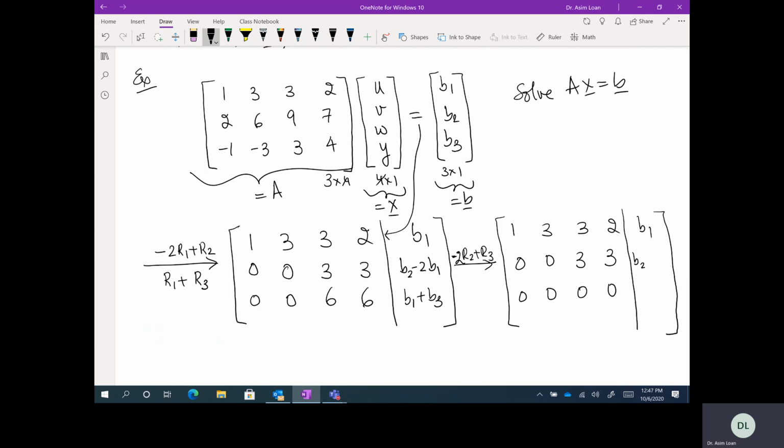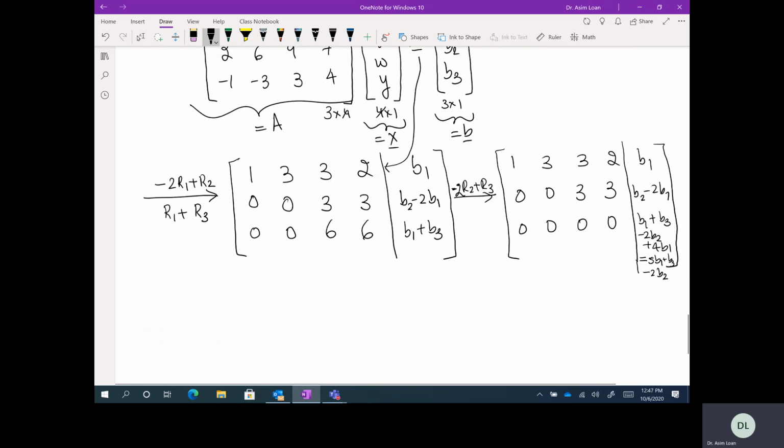This is still b2 minus 2b1, and this is b1 plus b3 minus 2b2 plus 4b1, which equals 5b1 plus b3 minus 2b2. Maybe I write it again over here.